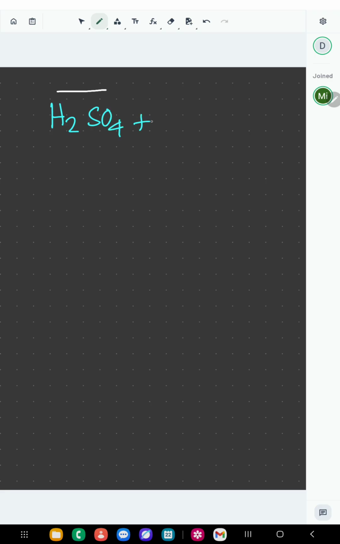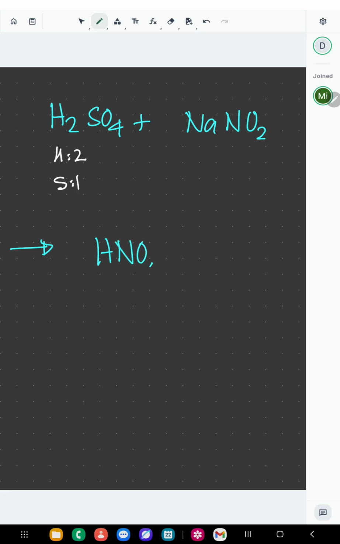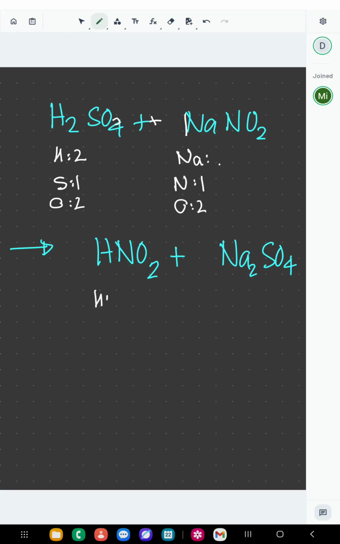We have sulfuric acid, then sodium nitrite. Nitrite is NO2. Then which has nitric acid or nitrous acid. Na2 sodium sulfate, Na2SO4. Now where should you start?